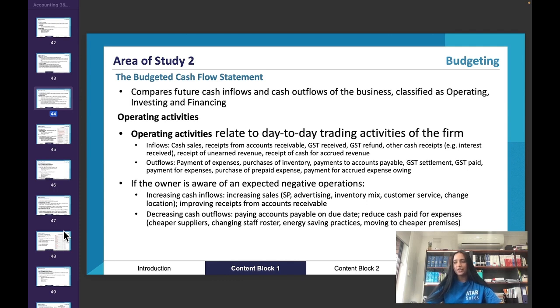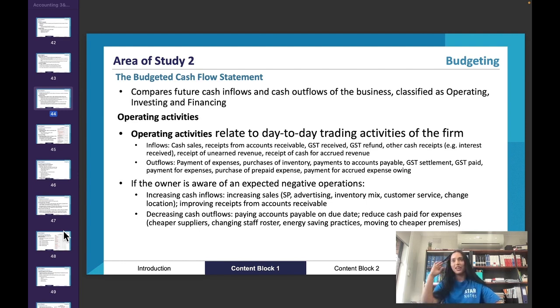If the budgeted cash flow statement shows predicted negative operations, then the business should aim to increase cash inflows and decrease cash outflows in future reporting periods. And if the owner is aware of an expected negative operations, then they should really be aiming to change that.